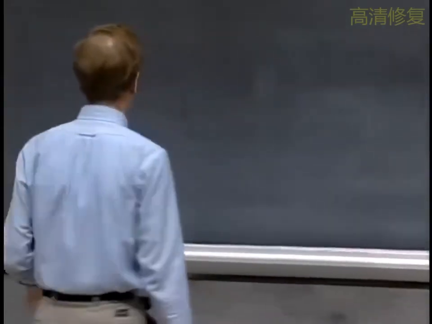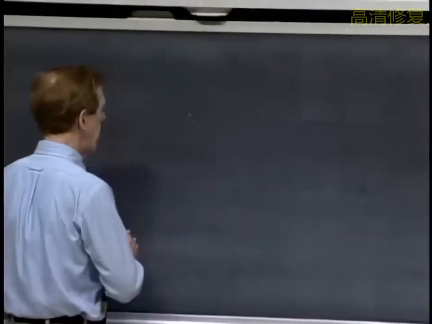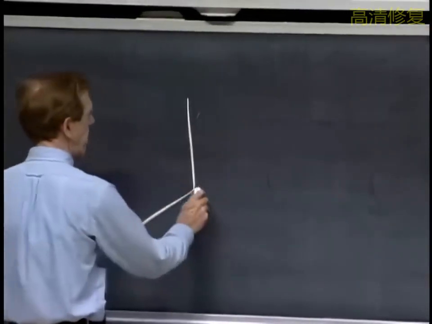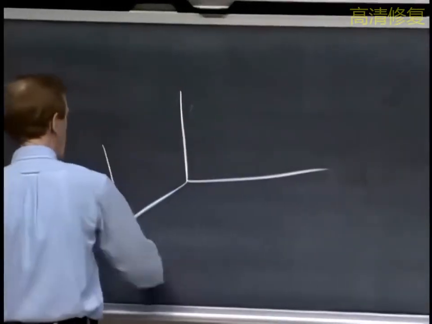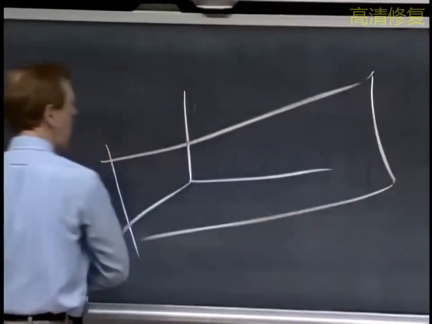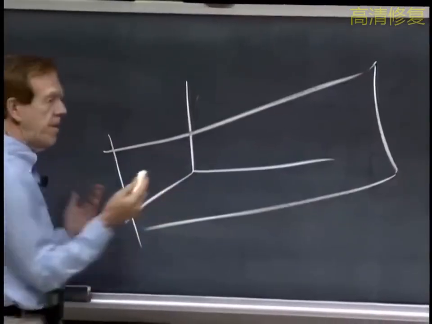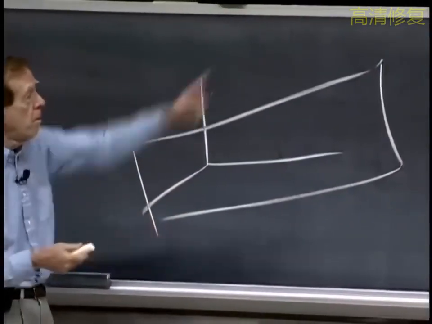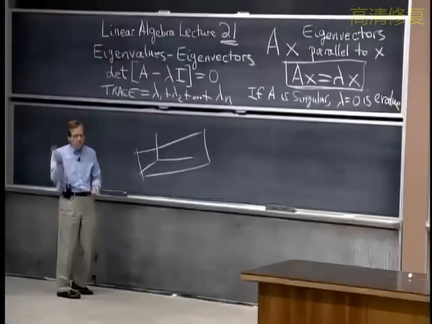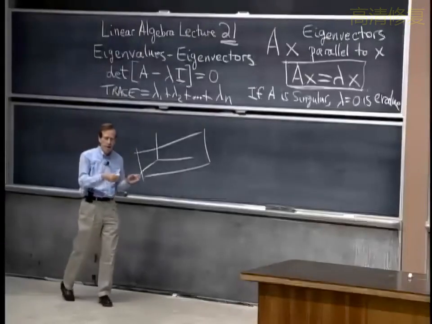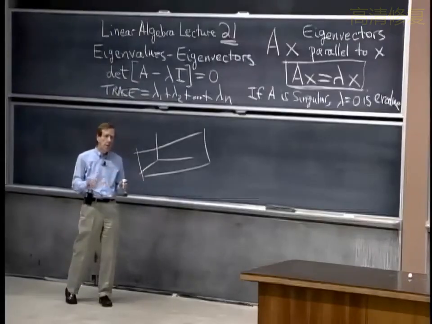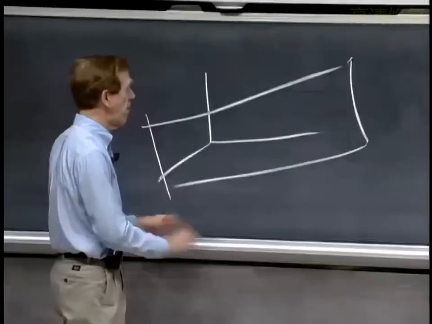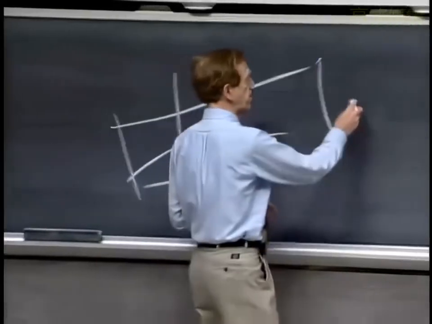Like, here you go. Take a projection matrix. Okay, so suppose we have a plane, and our matrix P is what I've called A. Now I'm going to call it P for the moment, because I'm thinking, okay, let's look at a projection matrix. What are the eigenvalues of a projection matrix? So that's my question.